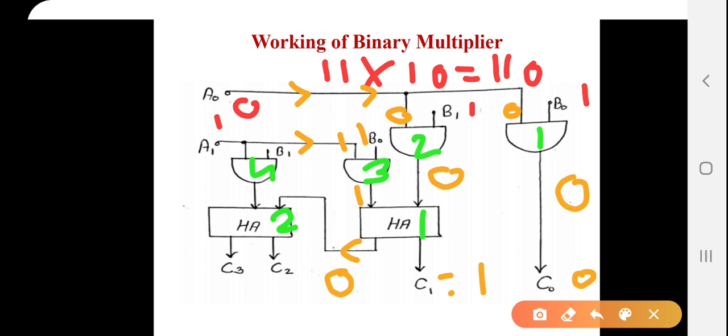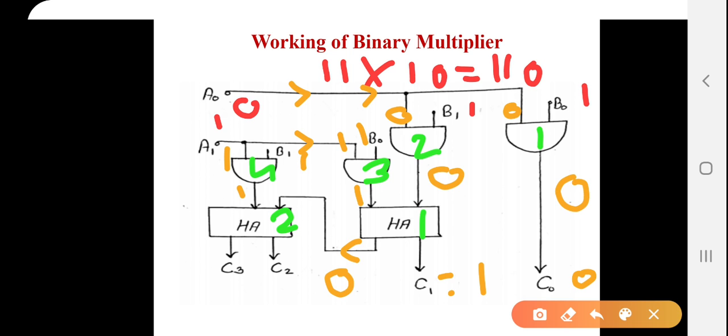Let's come to AND gate number 4. For AND gate number 4, we have two inputs, B1 and A1. B1 is already assumed to be 1, and A1 is also assumed to be 1. So at the input terminals of AND gate number 4, we have 1, 1. After multiplication, it will give you 1 as an output, which will be fed to half adder number 2.